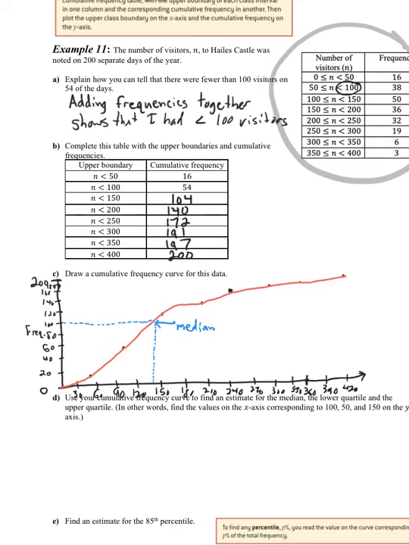And then if we want to find Q1 and Q3, Q1 is going to be around 50. There's our Q1, and then Q3 is going to be around 150.